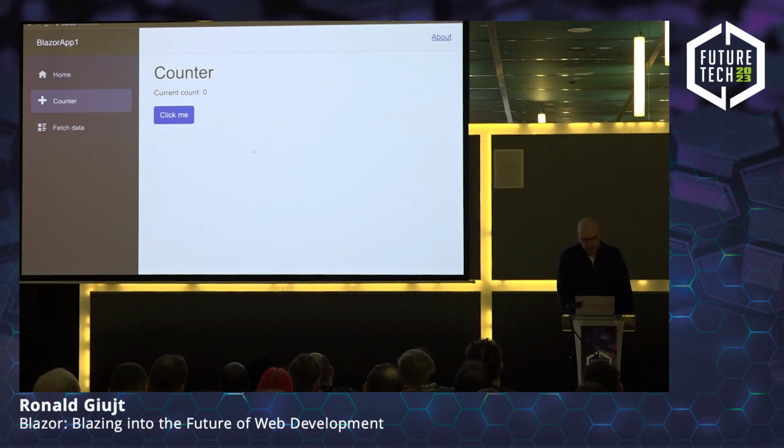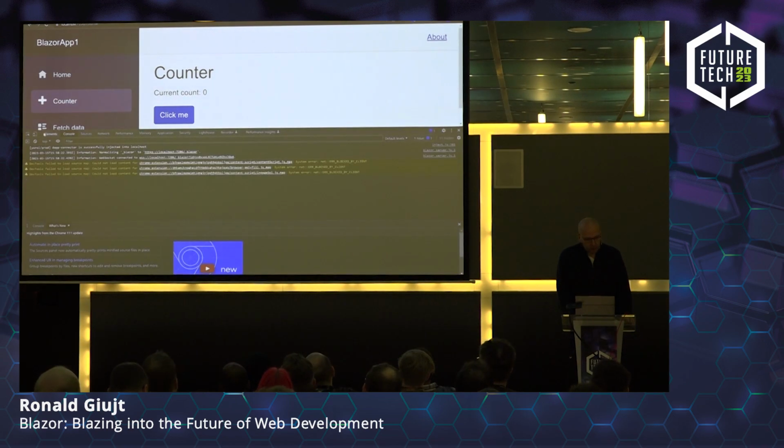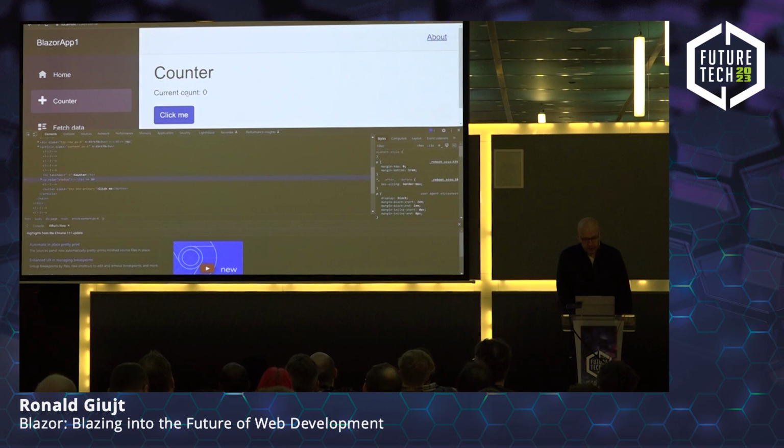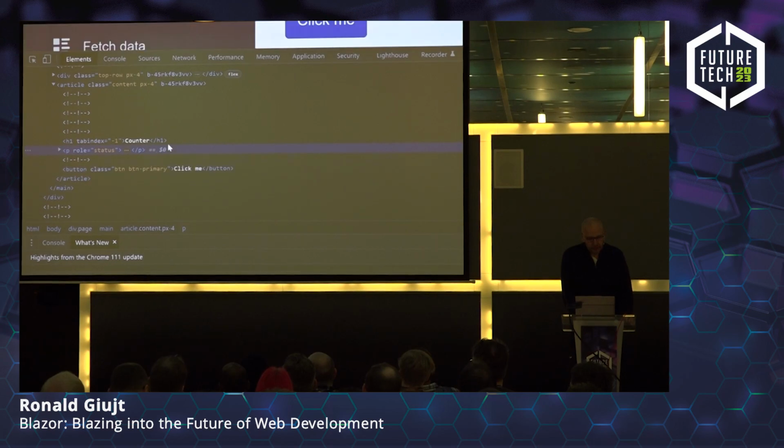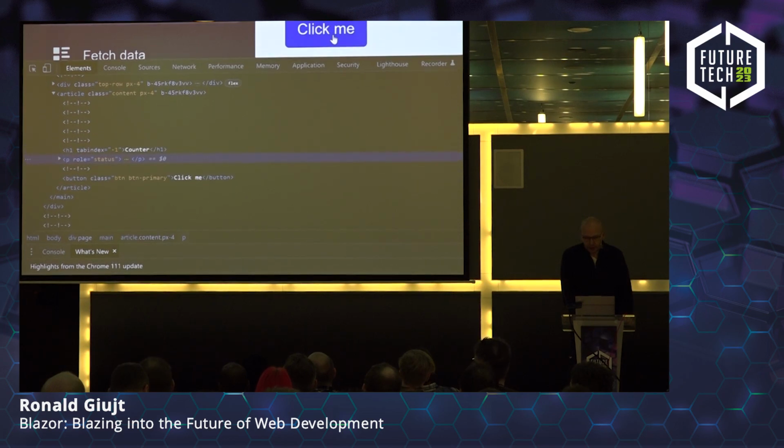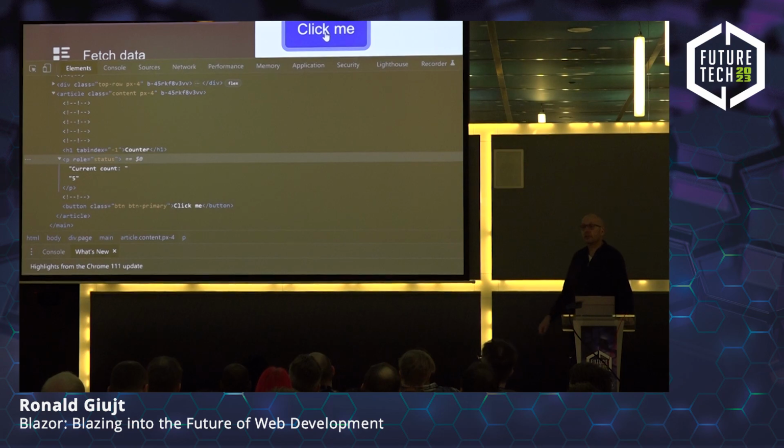When I press F12 to go to the browser tools, and then I select this div here, you can see the HTML structure that is used here. And when I click on the button, it's hard to see, but you can see that only the P is updated. And when I open that, you can see that only the number is updated. So the whole HTML remains static, and just the part that was updated is re-rendered by the browser.